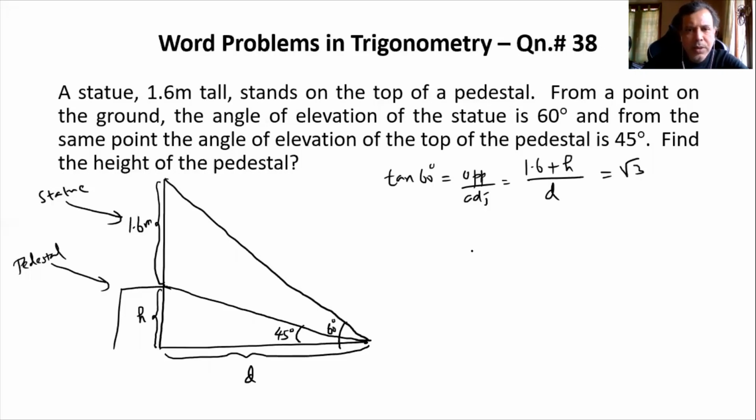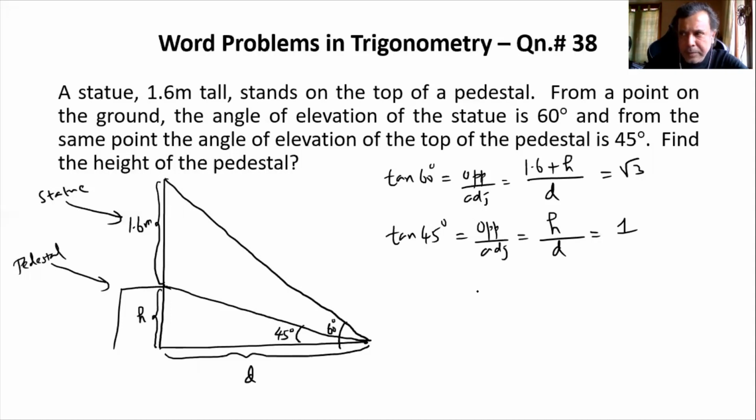It is root 3. Next, let me write tan 45. Again, it is opposite by adjacent. What is opposite for 45 degrees? It is h divided by the adjacent, which is d. What is tan 45 degrees? It is 1.